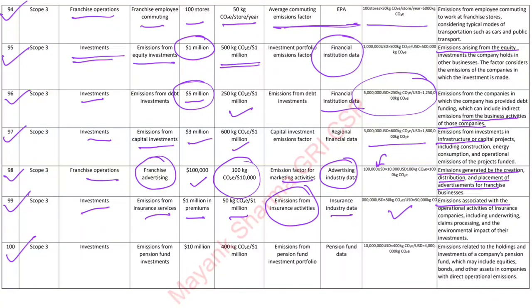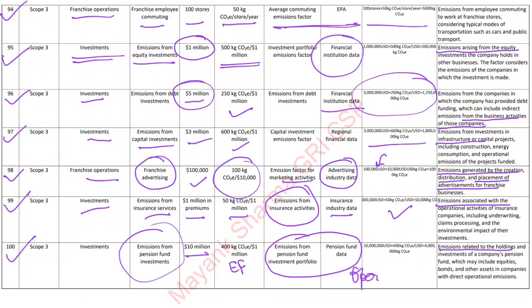Last example is 100. Scope 3 investment related emissions from pension fund investments. Like this much, an investment of $10 million multiplied with the emission factor. The pension fund data is providing the emission factor associated with this. Basically, these emissions are related to the holdings and investments of the company's pension fund, which may include equities, bonds, and other assets in companies with direct operational emissions.